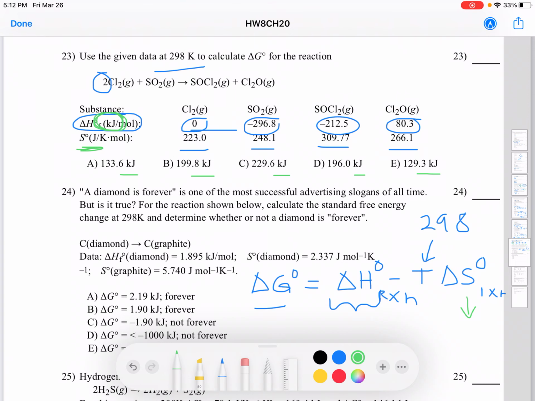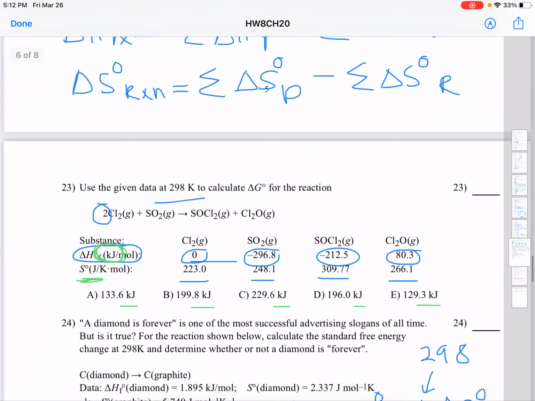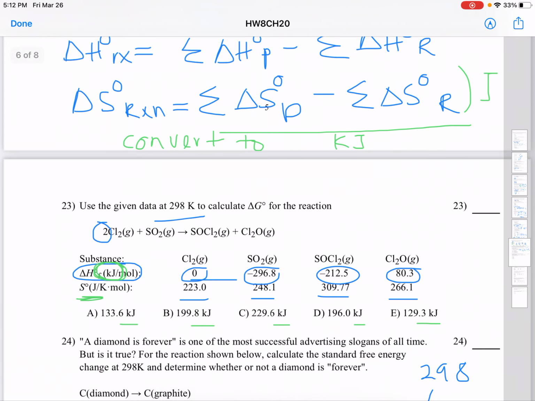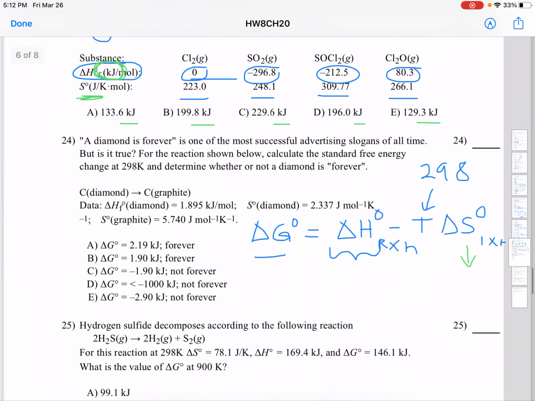Make sure you convert this, and then you can perform this calculation. Otherwise, your answer will not be correct. Okay. That's how you would find the delta G naught.